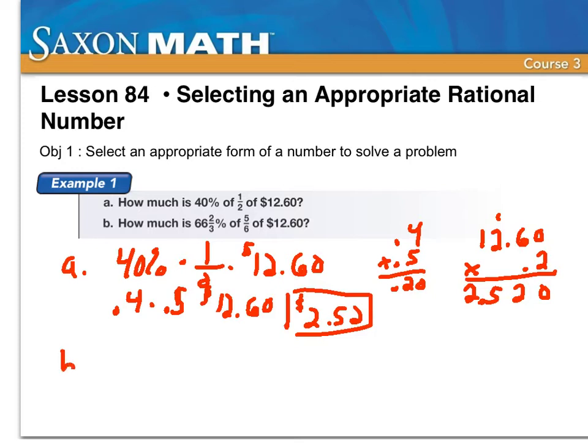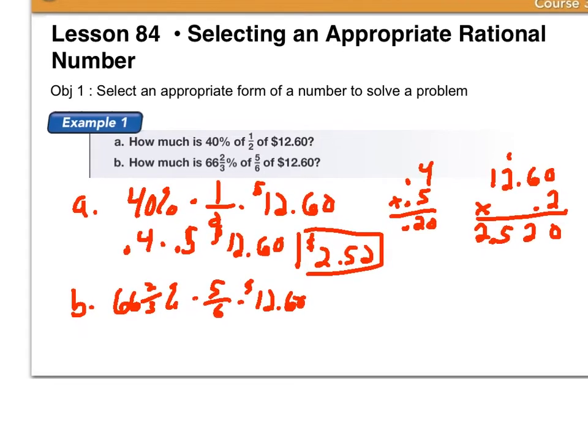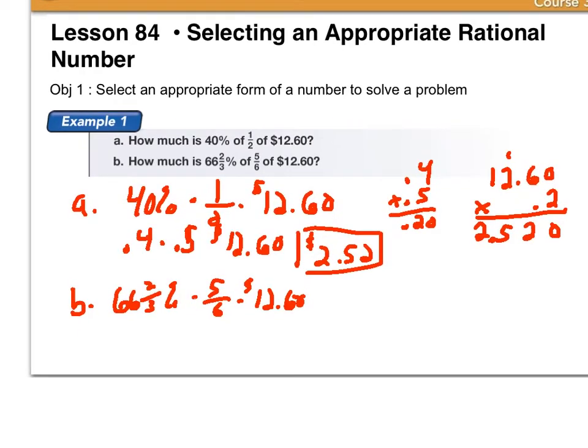Now for B, we're figuring out 66 2/3% of 5/6 of $12.60. Okay? Well, on this one, we're going to want to use the fraction mode, because this would give us a repeating decimal, which isn't going to be easy to multiply by.